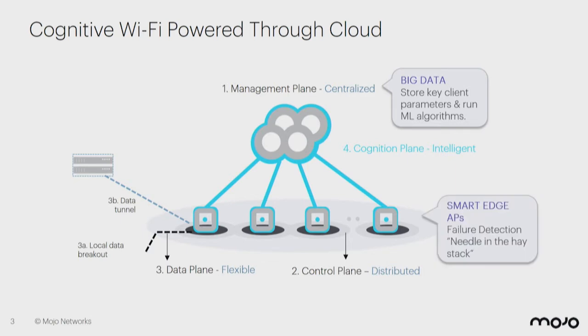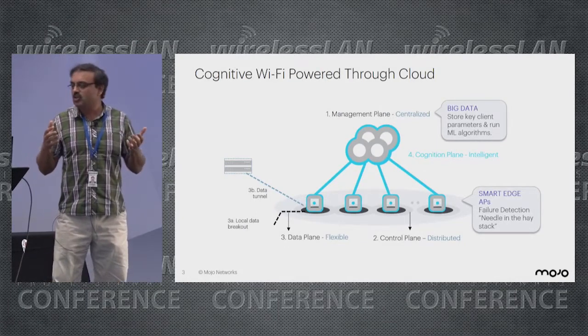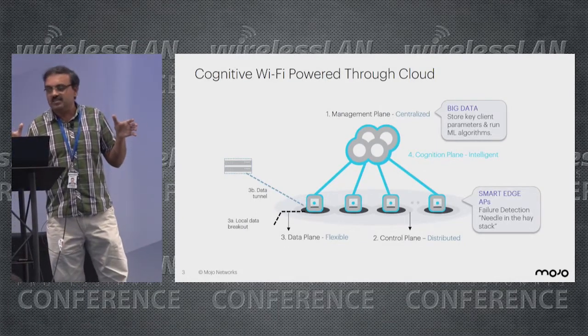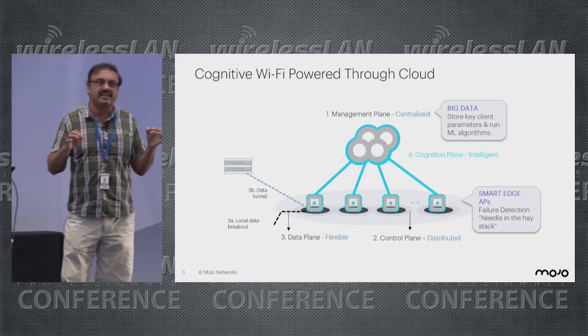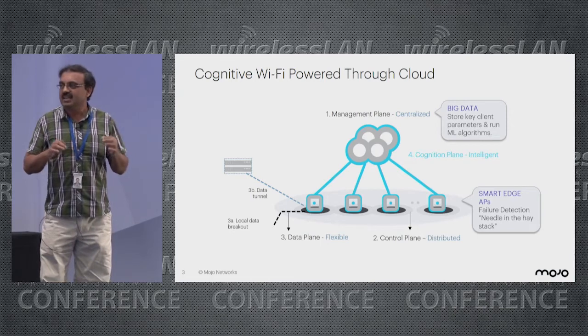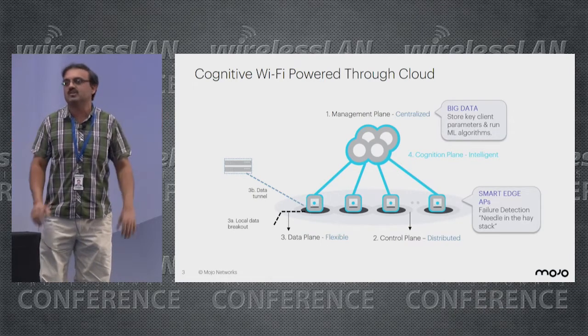We also have smart edge access points deployed at the premises, with a lot of processing power, and they implement algorithms to identify certain failures. Our philosophy has been that we need to enable users to find the needle in the haystack. We don't believe in throwing a lot of data at the user and having them figure it out. We have always tried to give processed information and as many insights to the user as possible.